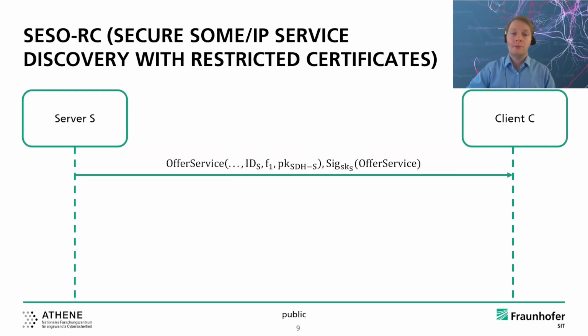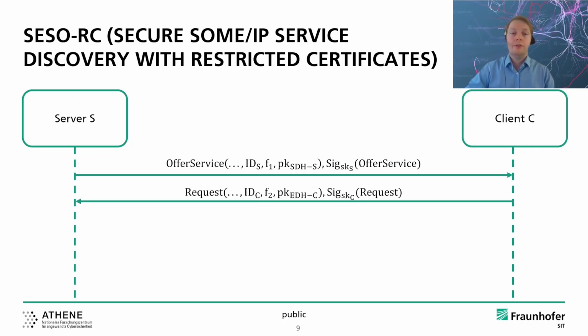Our asymmetric approach, SESO-RC, extends offer service messages by a Diffie-Hellman key exchange. Every offer service message is signed with the private key of the server's certificate, which states that the server is allowed to offer this service.